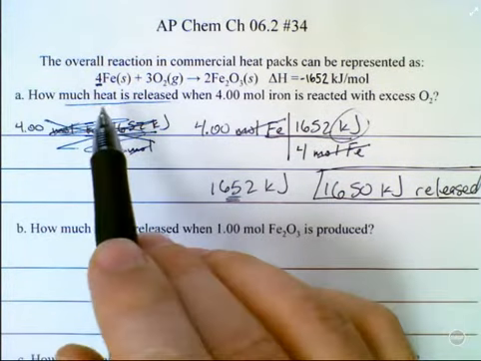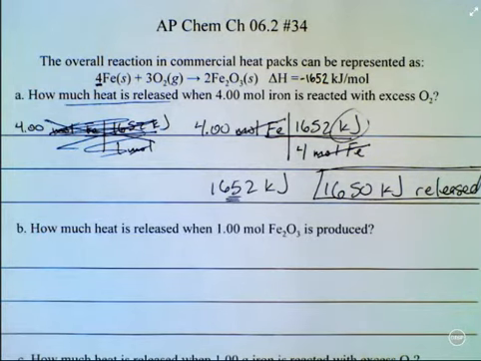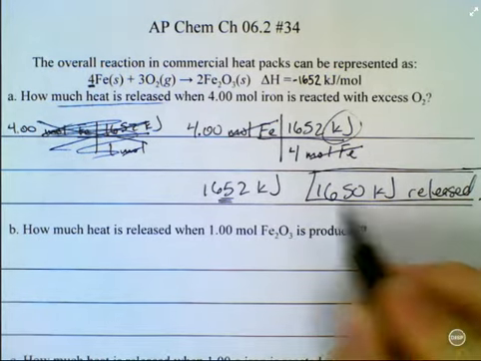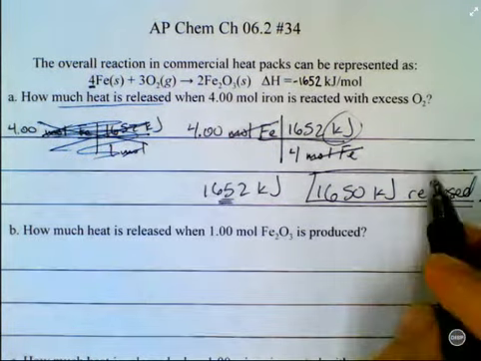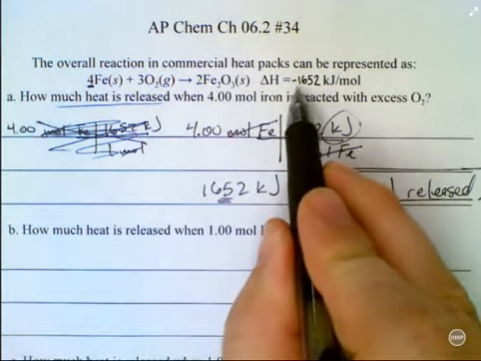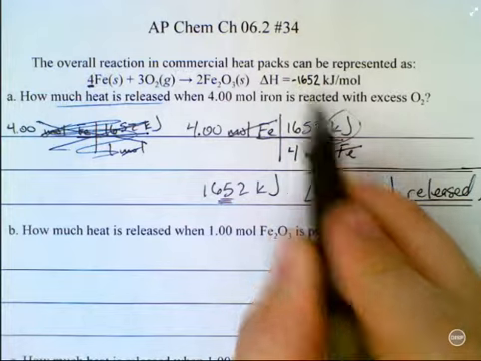The question is asking how much heat is released. How much? A magnitude. And in my answer, I say it is 1650 kilojoules released. The presence of this negative sign indicates a direction.